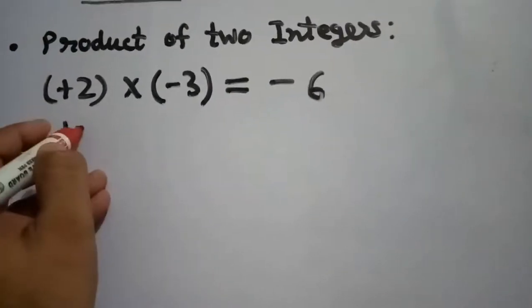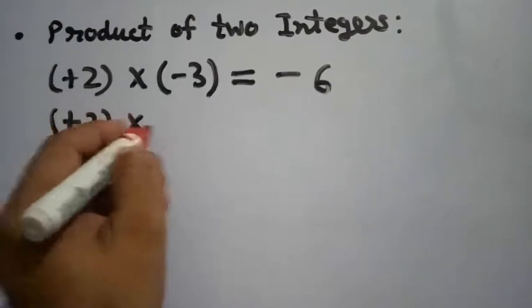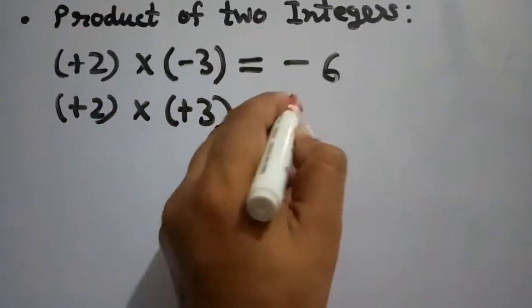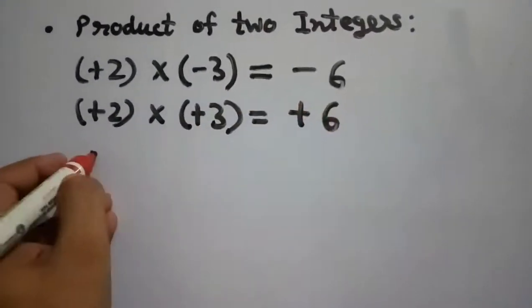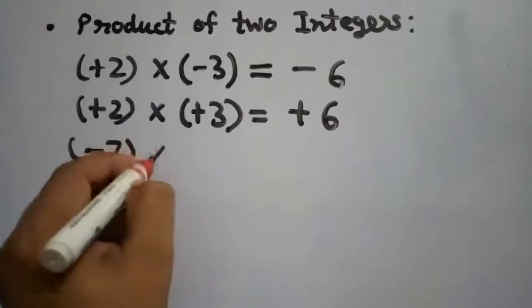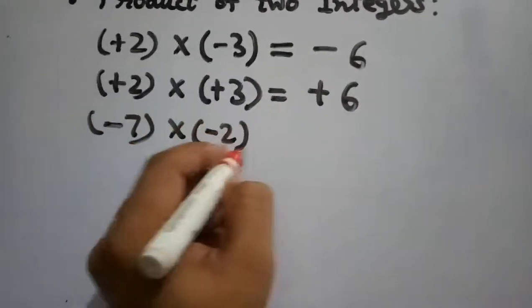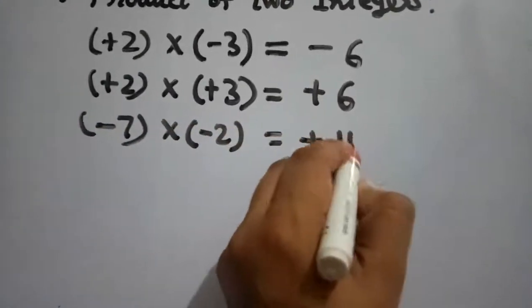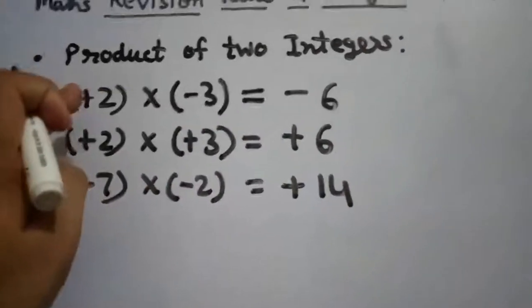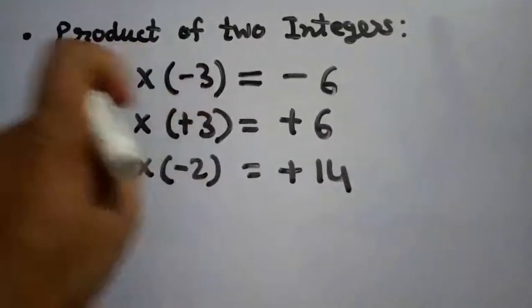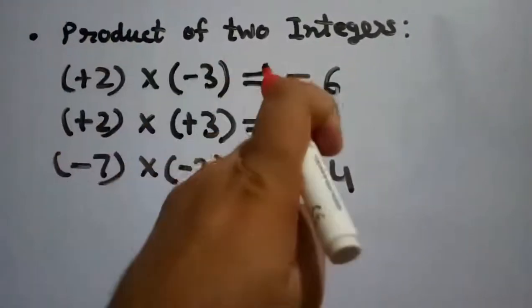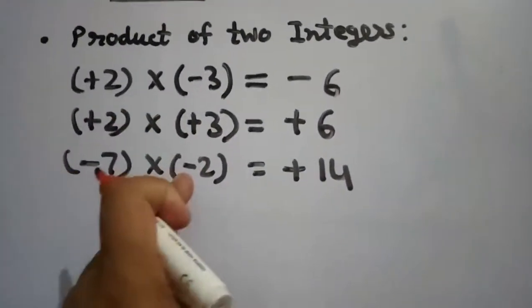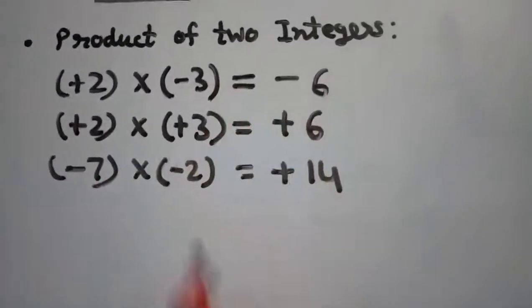In other cases, if we multiply two integers with the same sign, the result will be positive. Minus 7 into minus 2, then minus minus becomes plus 14. So the product of a positive and a negative integer is always negative, and the product of two positive or two negative integers is always positive.